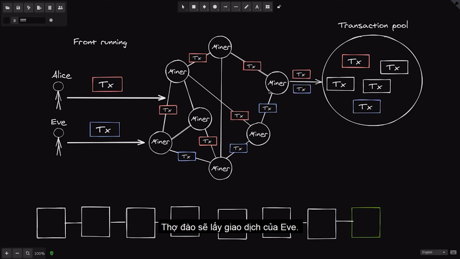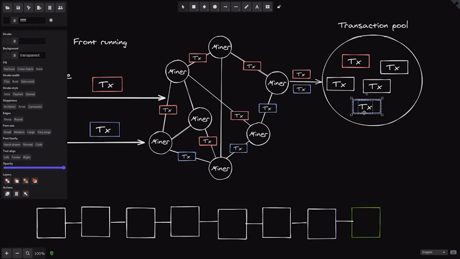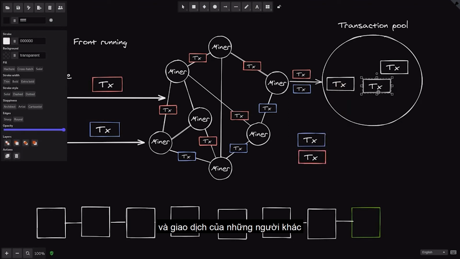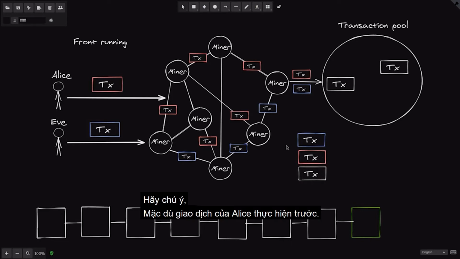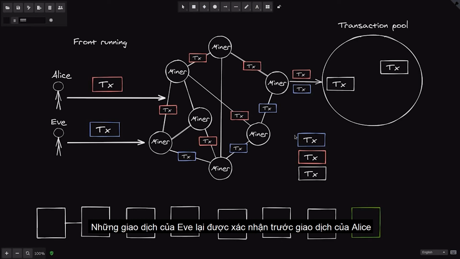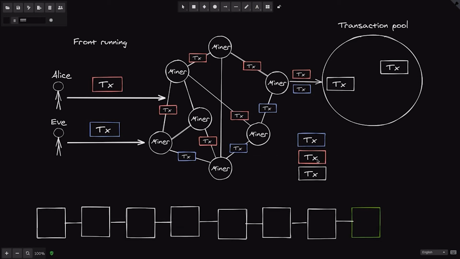Now let's say that this miner decides to include Eve's transaction and Alice's transaction and some other transaction to include in the next block. Now notice that even though Alice sent the transaction first, Eve's transaction will be included into the block before Alice's transaction.